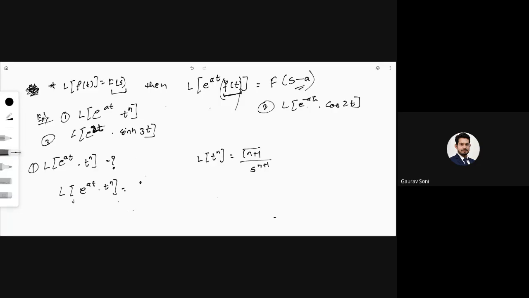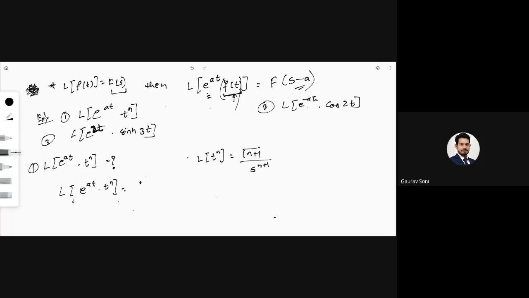The property says that if you want to find Laplace of e to the power at into a function f of t, what you simply do is find the Laplace of f of t, and in that you replace s by s minus a. This is what the property means. So e to the power at I will keep aside.